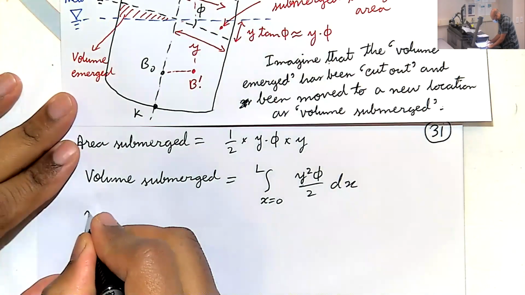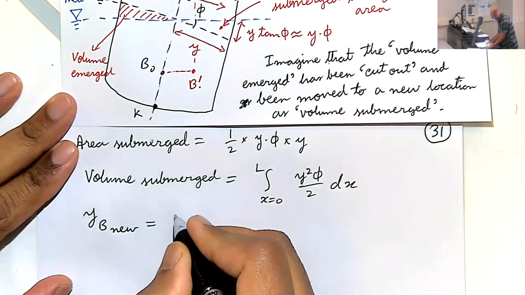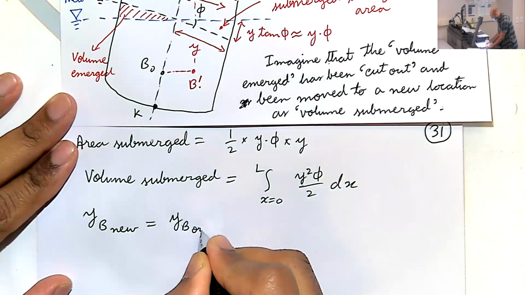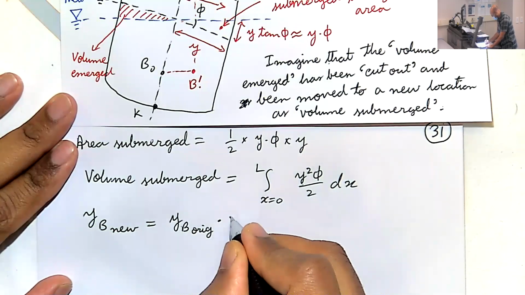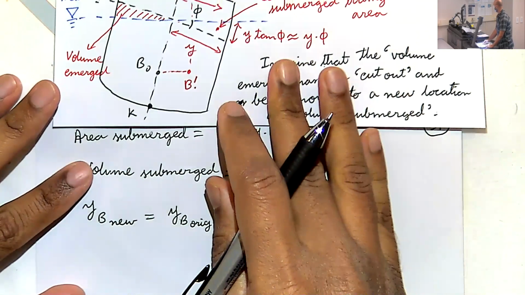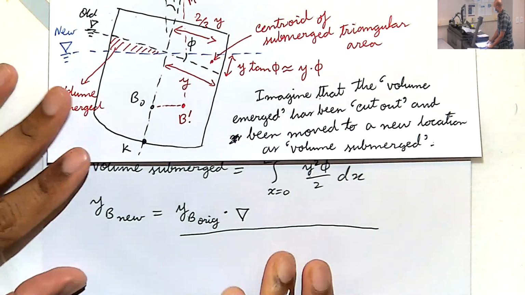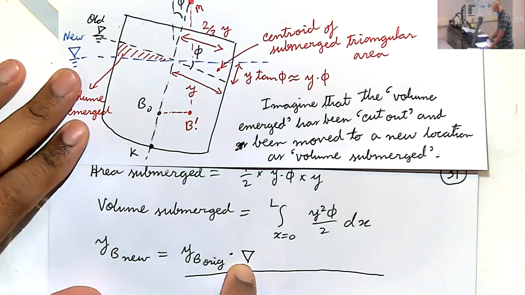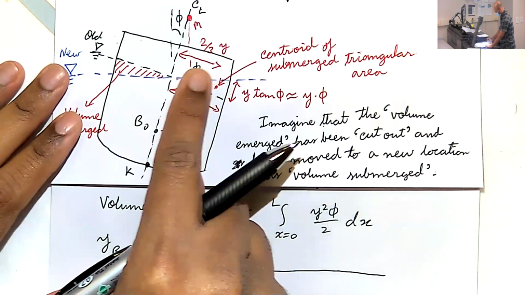So yb new is equal to yb original times volume original. All right, let's do the bottom first. That's easier. What goes on the bottom? Give me in terms of nabla, well, volume submerged, and volume immersed. What do you say it would be?